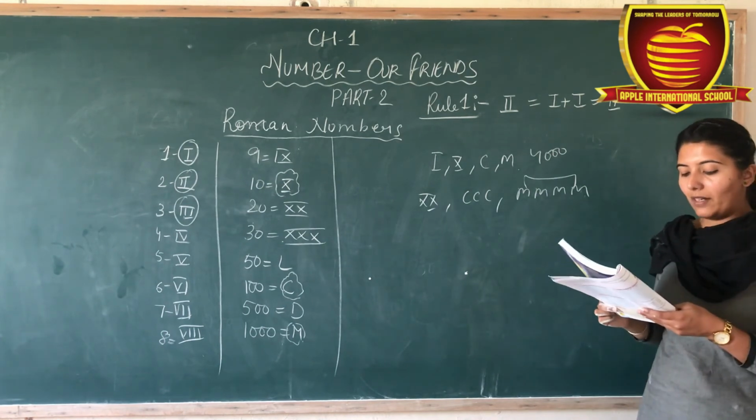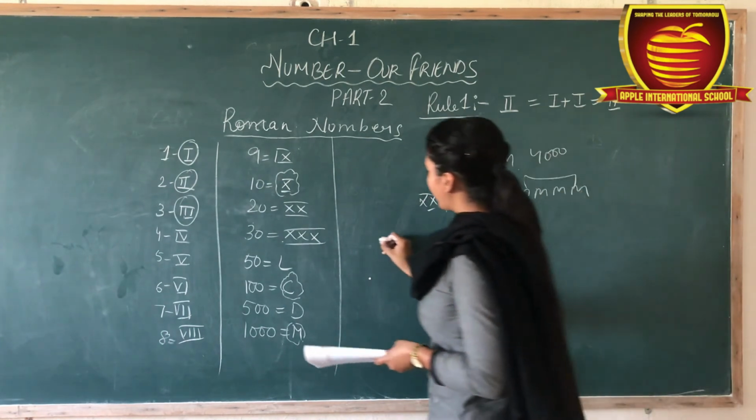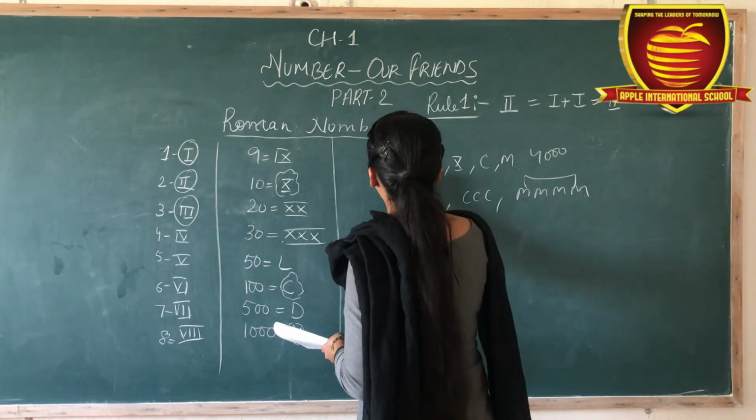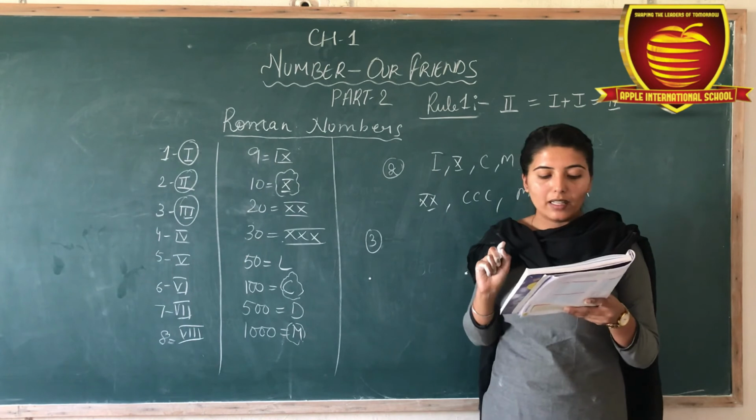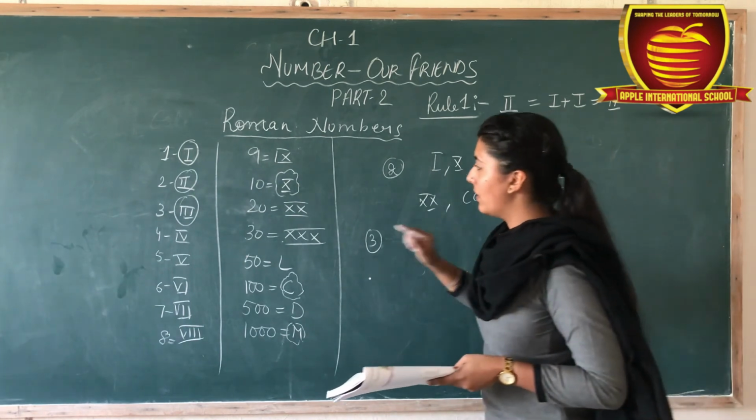Now the rule number 3 is about the symbol of 5.